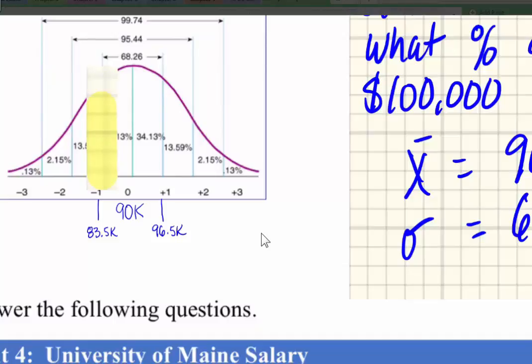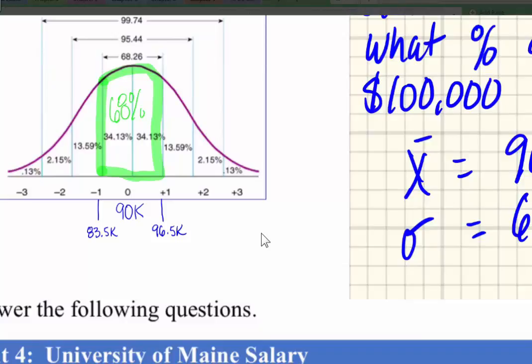That's just an important thing to note down, because it helps get your head straight on all of this. So if we color it in and make a note to ourselves, 68% of these guys earn between 83 and 96. So let's write on here 68%. All right, so we know that.